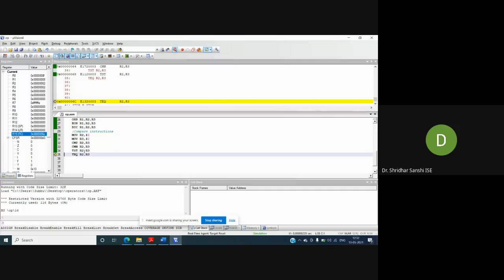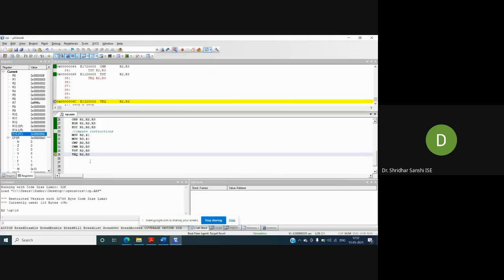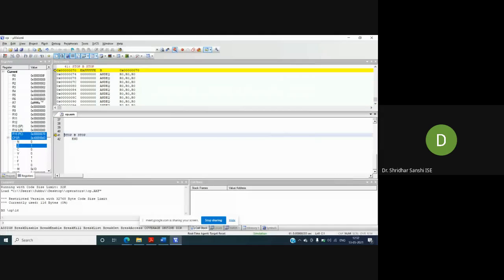TST is the AND operation of Rn and the second operand, while TEQ is exclusive OR. The result is 0, so that's why the flag is updated.